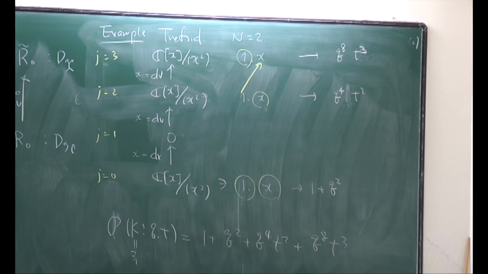Why is j equal to 1 special? Good question. It's because there are only 3 crossings, so the vertical line can go only 3 steps.